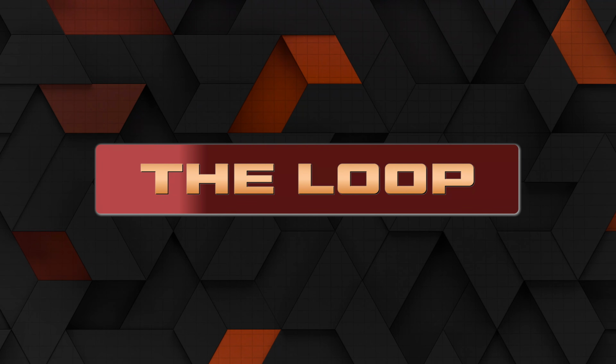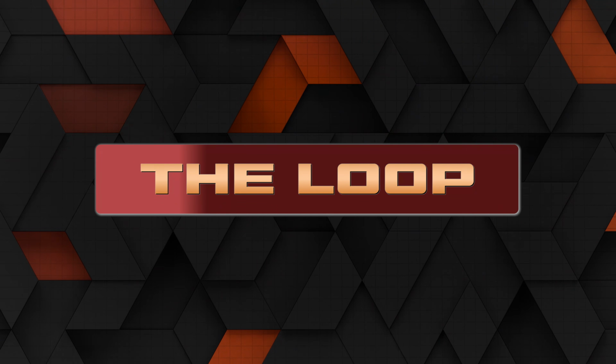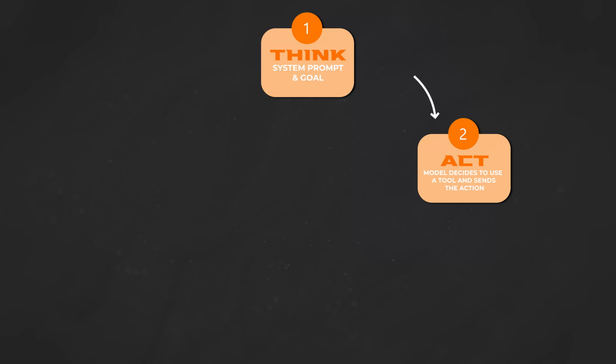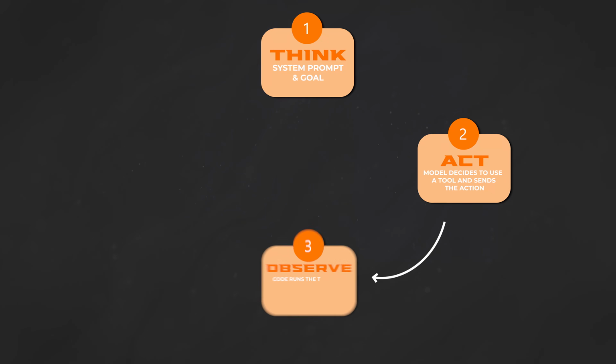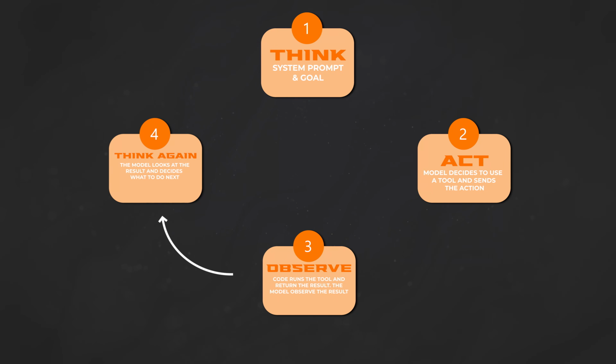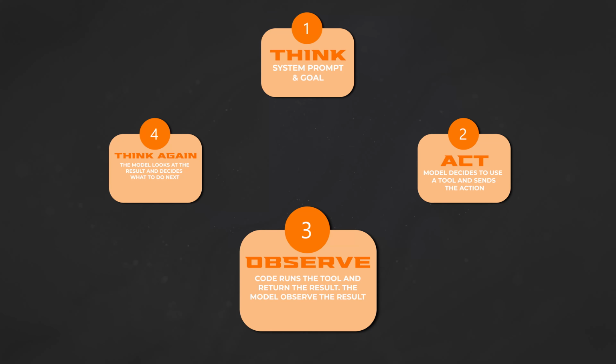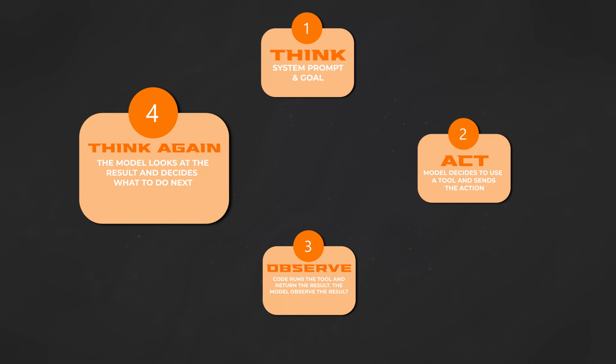So now we move on to the loop. And this is where we can kind of put everything together, and this is what a lot of people skip. Now you start with a system prompt and a goal. Now the model will think and decide to maybe call a tool, for example. So your code will run and the tool feeds the result back in. Now the model will look at the result and it will decide what to do next. So maybe it's going to call another tool, maybe it's done, maybe it's going to look in the memory, maybe it's going to give you a message back, right?